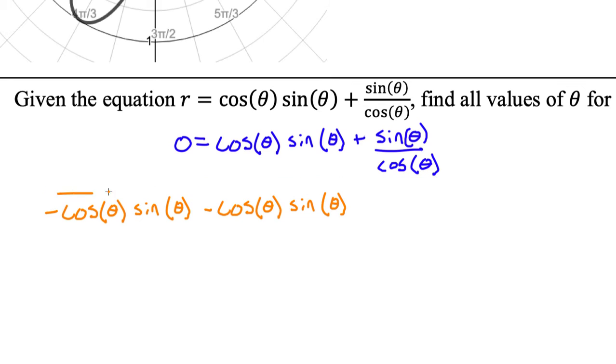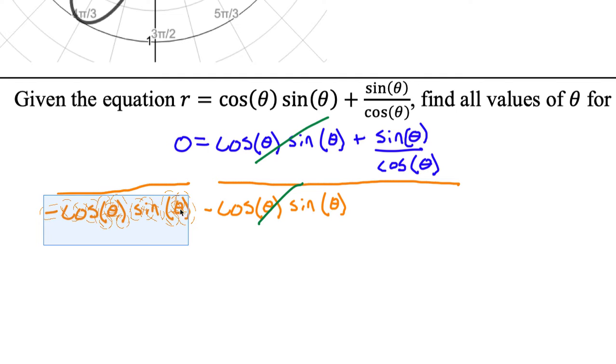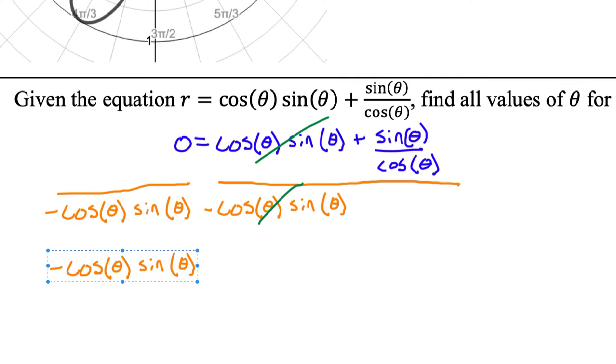So 1 here and 1 here will cancel out, and what I'll be left with is a negative cosine theta sine theta on the left-hand side, and on the right-hand side, sine of theta divided by cosine of theta. Oh man, I love copy pasting. It makes my life so much simpler.